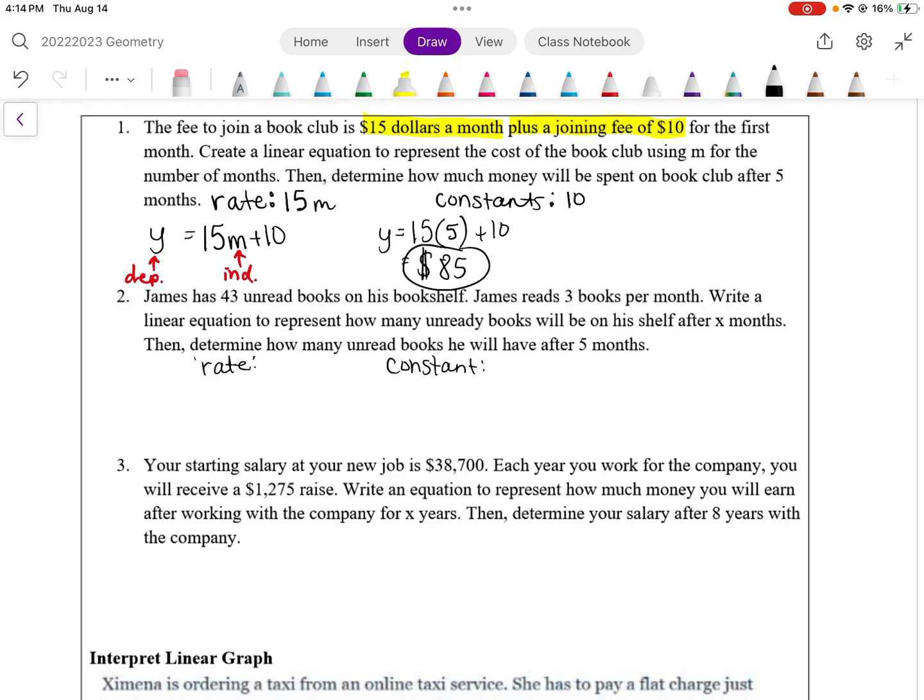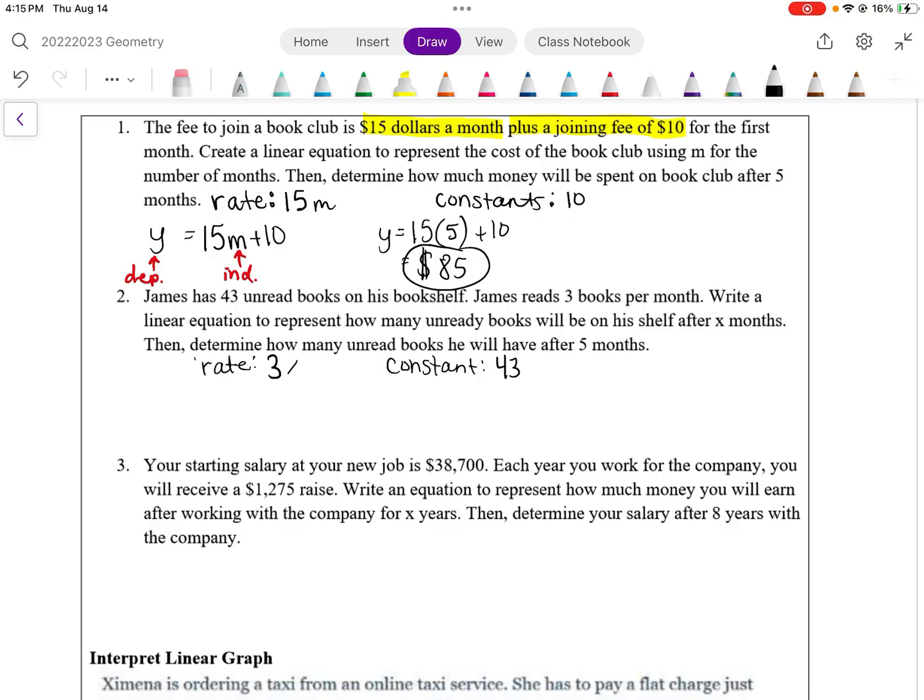James reads 3 books per month. I think we could already fill out our constant and our rate, okay? Constant is something that's added one time or something you're starting off with. The constant was 43 books. That's how many books he had to start off with. So I'm going to write the constant as 43. And then the rate is 3 books per month.